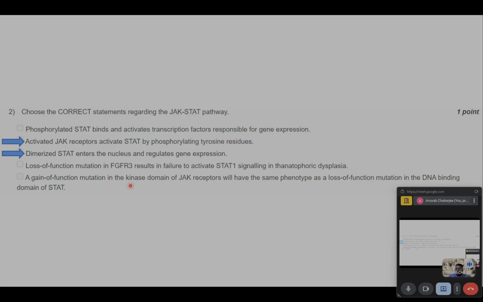And a gain of function mutation in the kinase domain of JAK receptors will have the same phenotype as a loss of function mutation in the DNA binding domain of STAT. So look at it carefully. Gain of function in the kinase domain of JAK is equivalent, according to this option, to a loss of function mutation in the DNA binding domain of STAT.